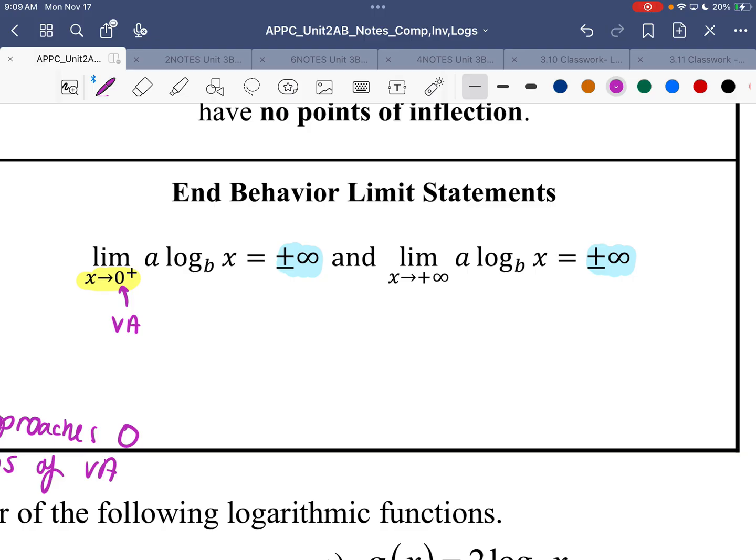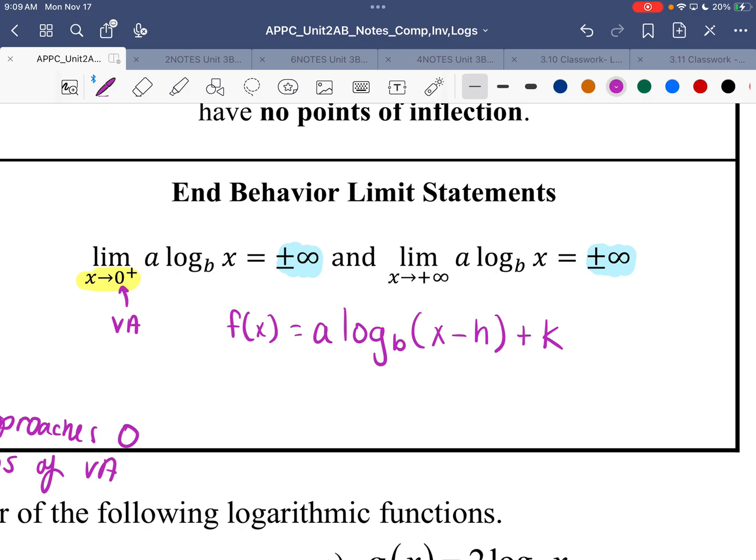So how we find if it's a shifted vertical asymptote is the transformation form for a log. Looks like that.